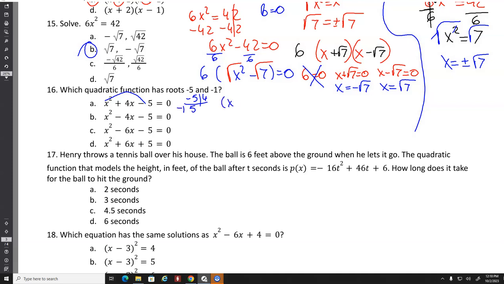One has to be negative: x minus 1, x plus 5, and then set them equal to 0. So this is going to be 1, and this is going to be -5, so that's not it. And you can go on and do that for each of those functions, but you can also do it by using Desmos, and I'll show you that in just a second.